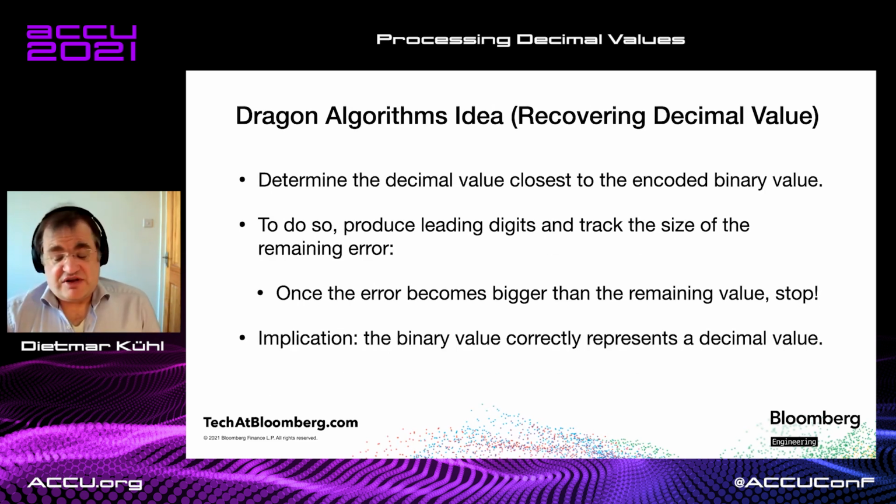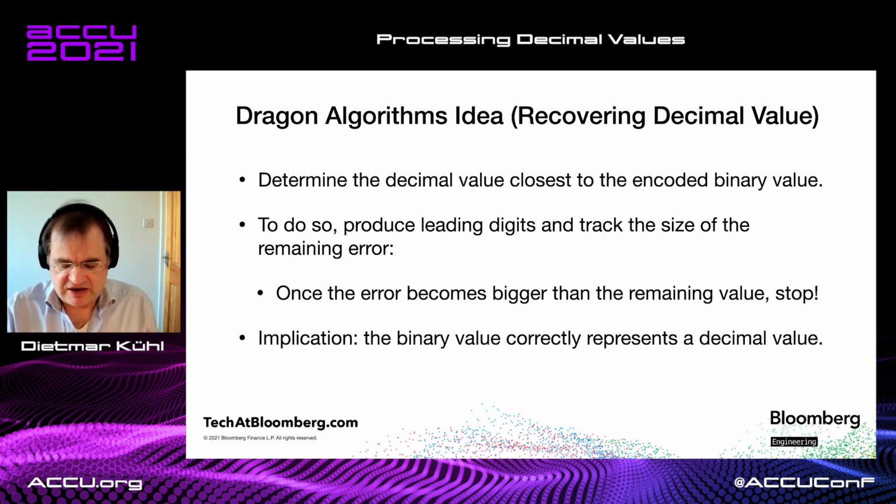Now the basic idea of the algorithm is actually fairly simple, right? All it does is basically it determines the decimal value closest to an encoded binary value, which also means if you have multiple decimal values in proximity, you need potentially a few extra bits of information to say whether to go up or down. But the way it does that is it just produces the leading digit, and it also tracks the size of the error compared to the original value.